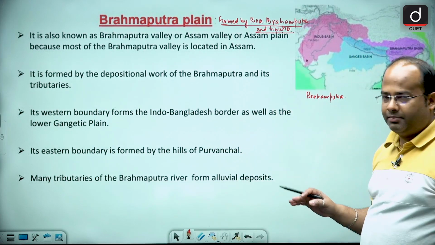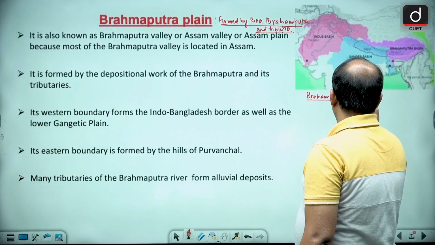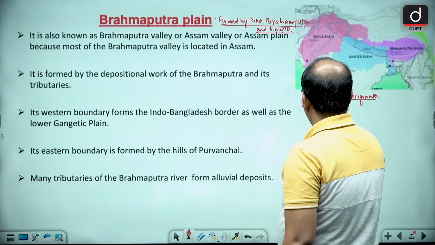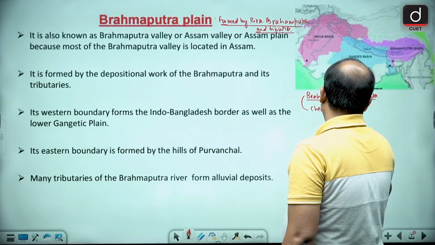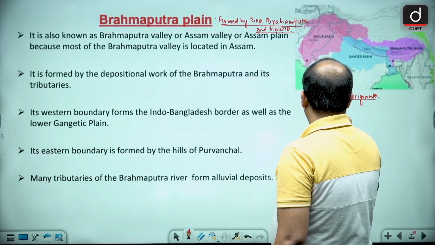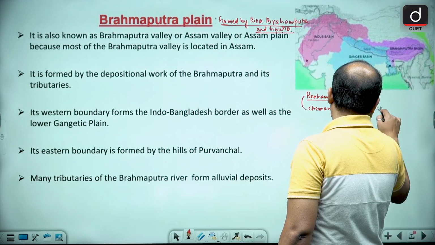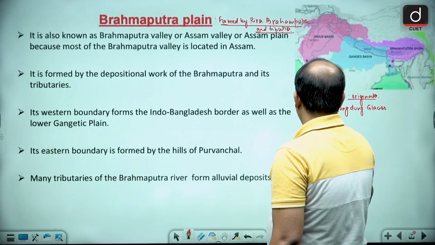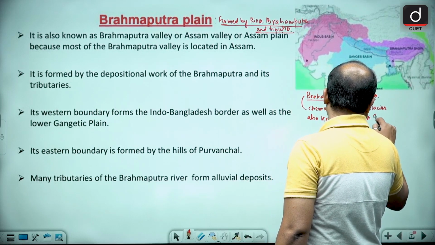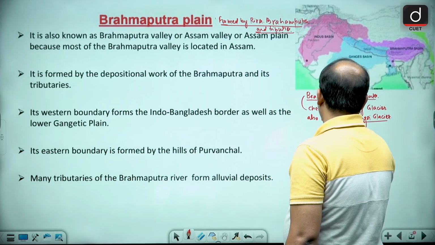My dear learners, this Brahmaputra river originates from the Chemayungdung glacier, also known as Kangkyi glacier.